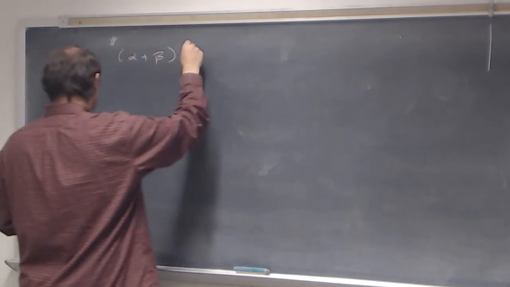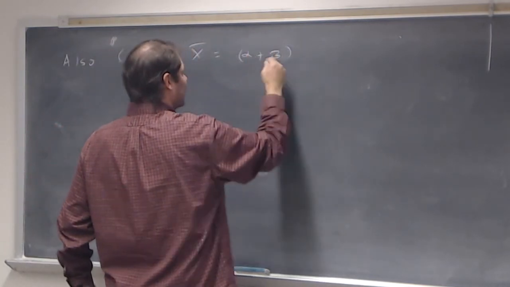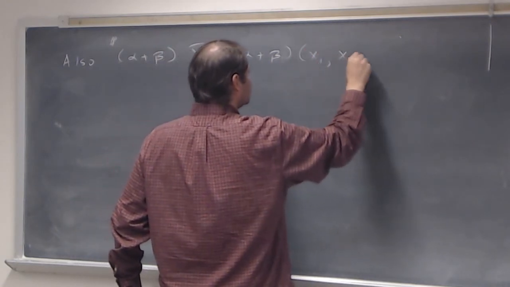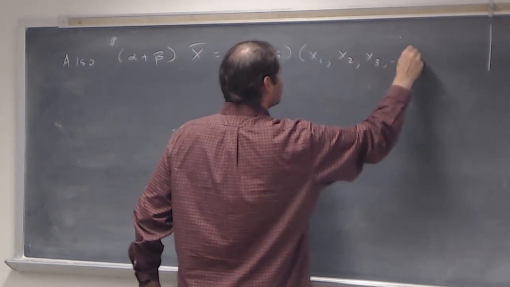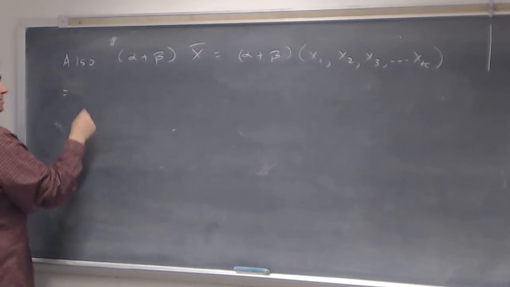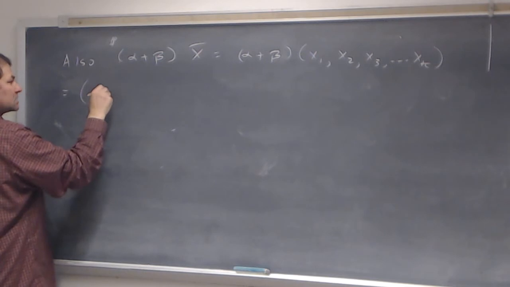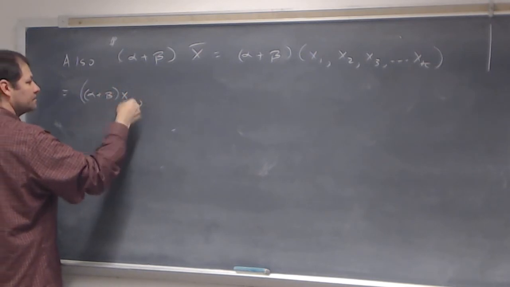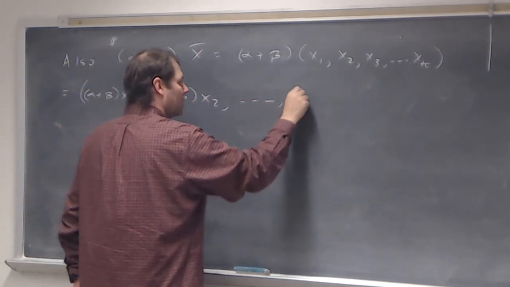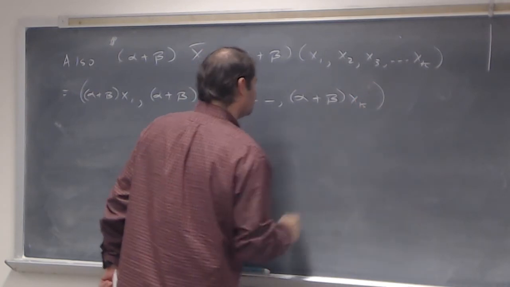Alpha plus beta times x bar would be equal to alpha plus beta, where alpha and beta are real numbers, times x1, x2, x3, all the way up to xk. The way we do this multiplication is we take the scalar times each one of the coordinates. So I get alpha plus beta, x1, comma, alpha plus beta, x2, and we continue on all the way up to alpha plus beta times xk.